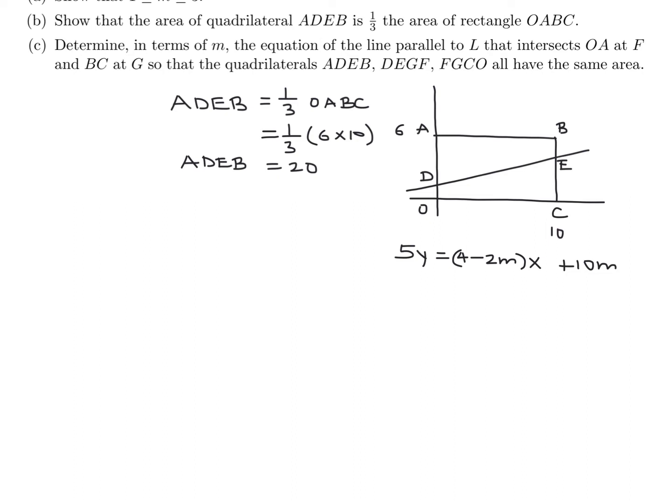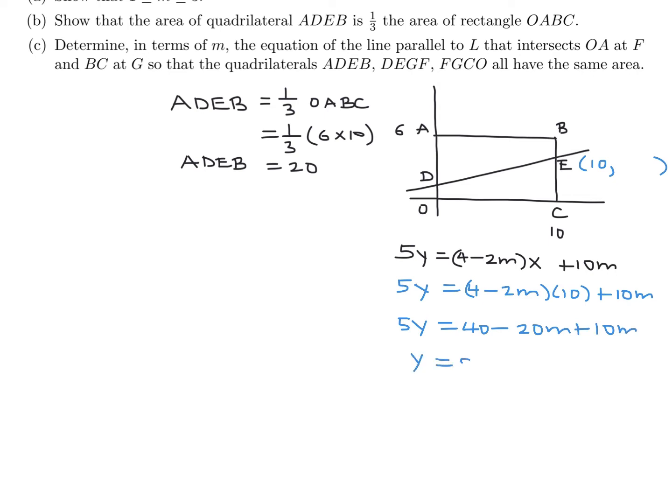E, for example, has the x coordinate 10, that I know for sure. So I can substitute 10 in to figure out the y coordinate. 5y will be (4 minus 2m) times 10 plus 10m, so 5y is equal to 40 minus 20m plus 10m, and that means y is going to be 8 minus 2m.